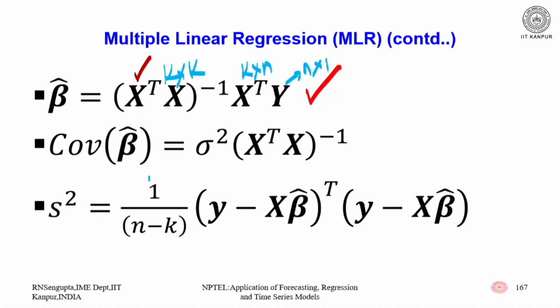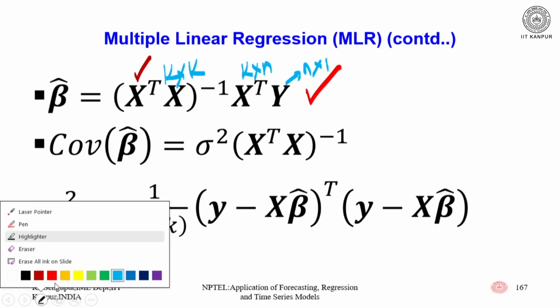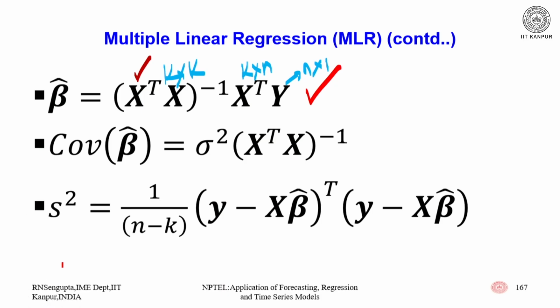Covariance of beta hat is given by, again I am repeating, sigma square, the variance corresponding to the error term, and in the bracket you have x transpose x inverse, and the dimension of this obviously would be k cross k.